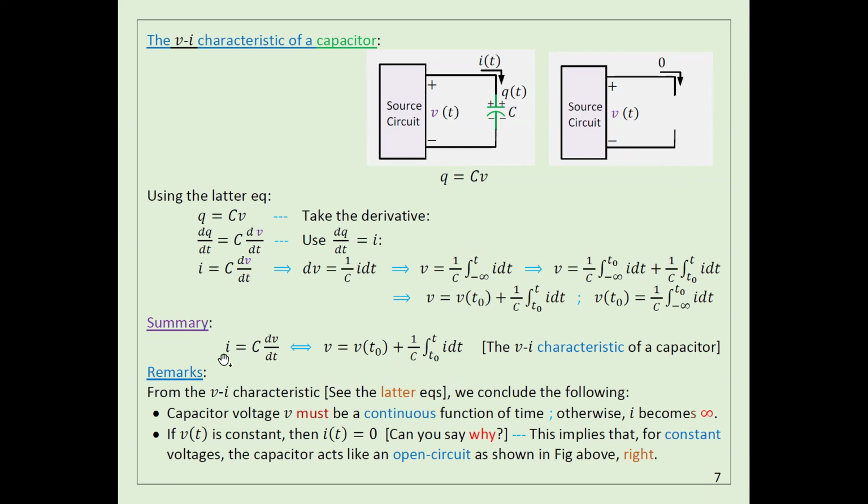If you have V and you want to get I, you differentiate it this way. If you have I and you want to get V, you use this one this way.